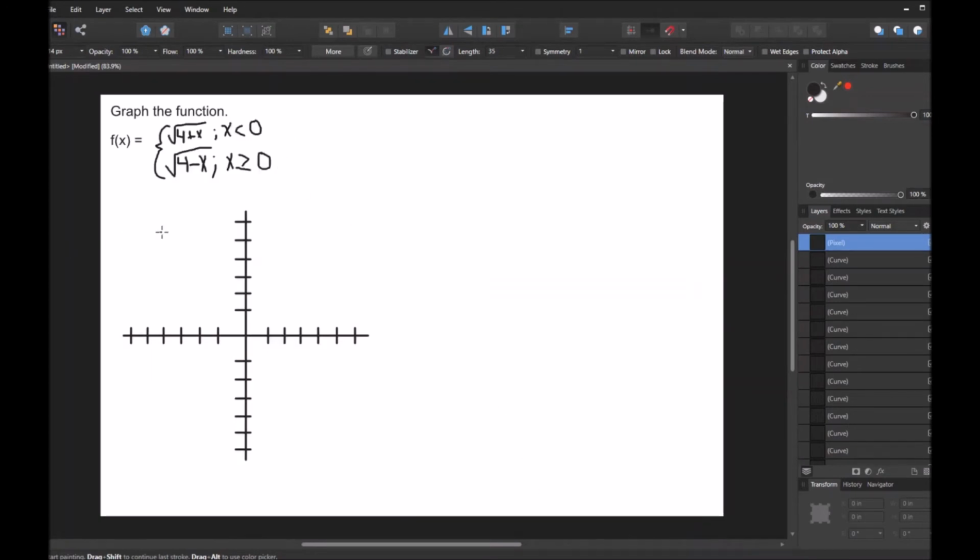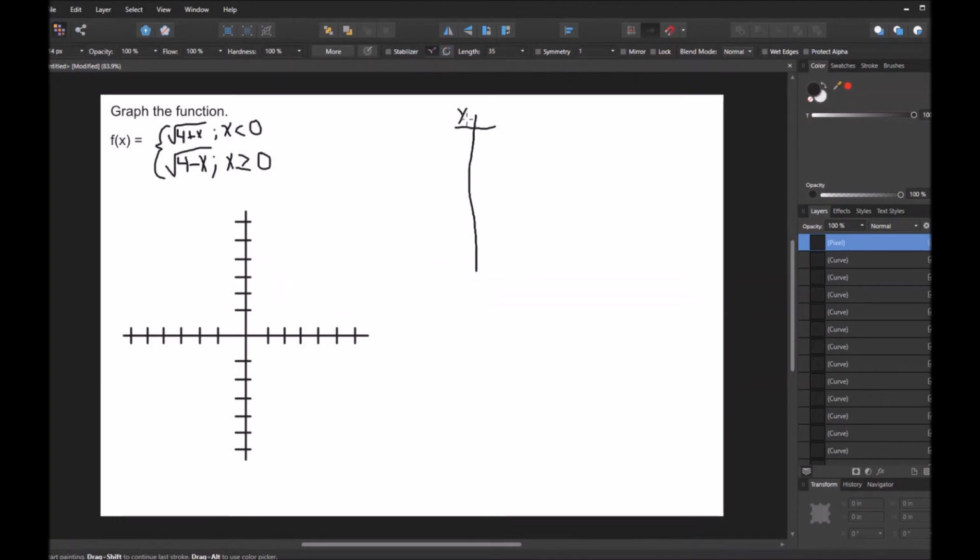Okay, so in this next question we are once again asked to graph the function, except this time our function is again piecewise defined, but defined by different functions. So it's defined as the square root of the sum of 4 plus x when x is less than 0, but then it's also defined as the square root of 4 minus x when x is greater than or equal to 0. So let's start out with the point of 0 here.